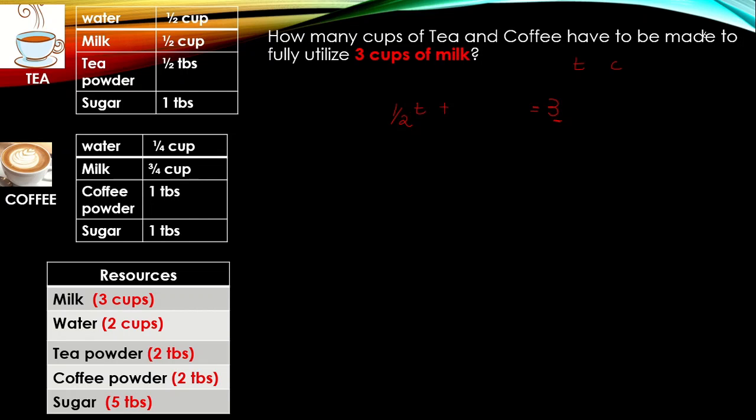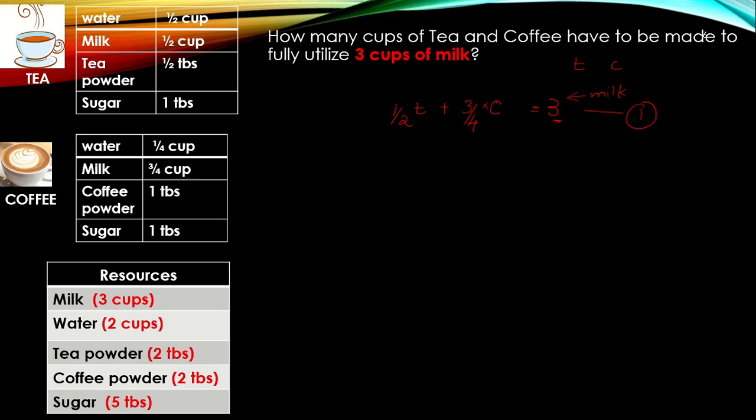Then for 1 cup of coffee, I need 3/4 cup of milk, times the total number of coffees I make. This will give you the utilization of 3 cups of milk. So this is the first equation, and this 3 represents the milk I have.